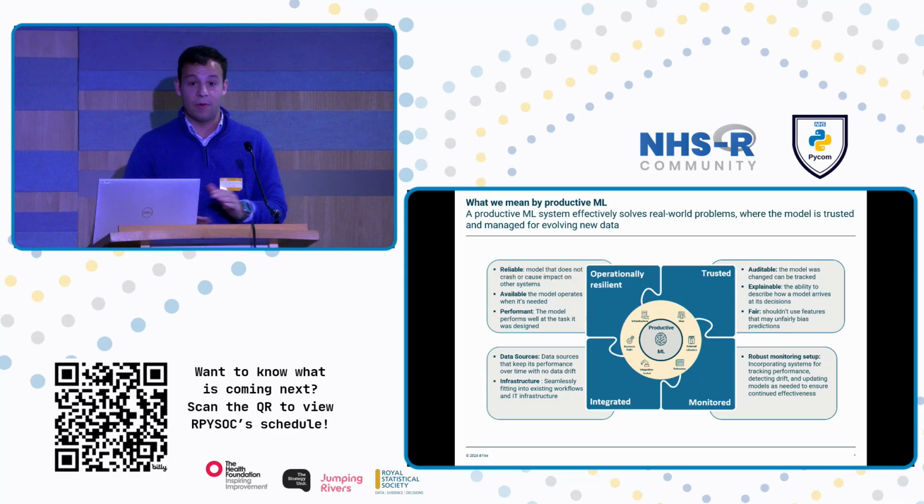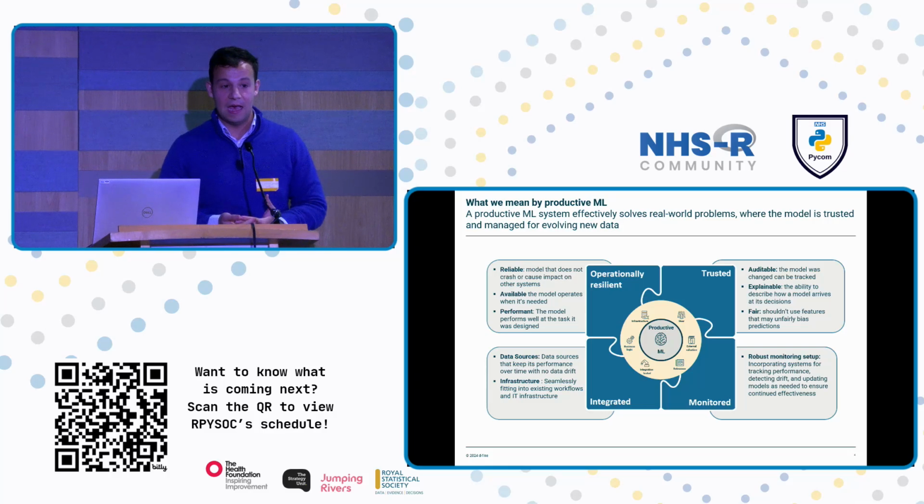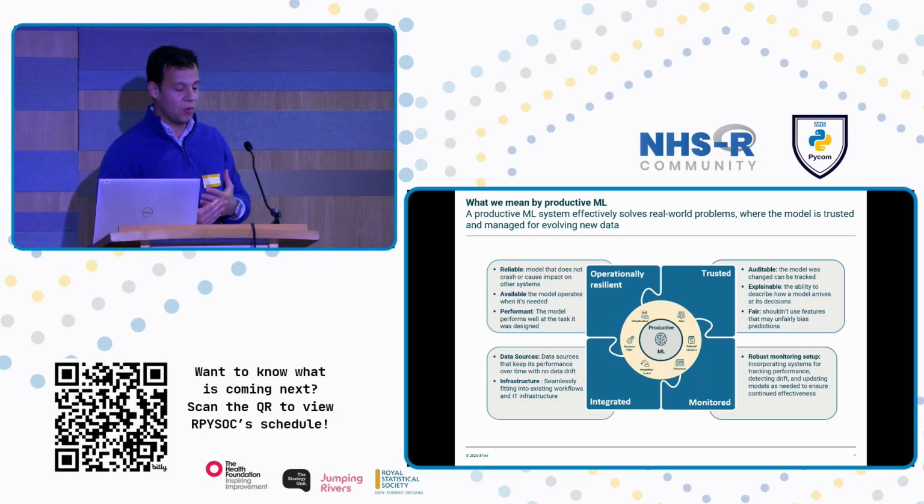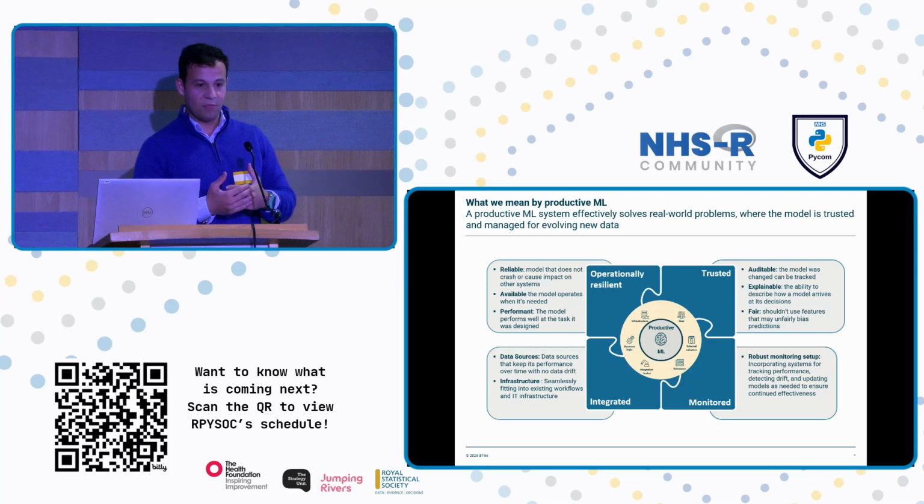But this system as a whole has to be trusted, else no one is going to take any notice of these decisions. And it has to be trusted in a way that it has some sort of explainability. It can be validated, so you've got some sort of tracking of the versions of the models and of what data is actually going through.